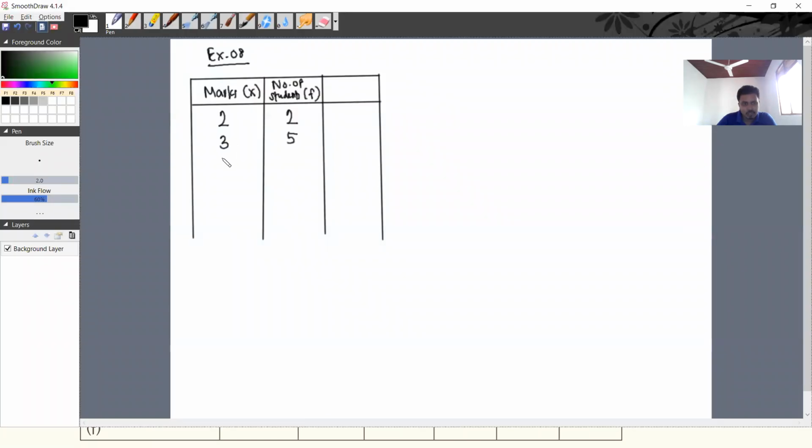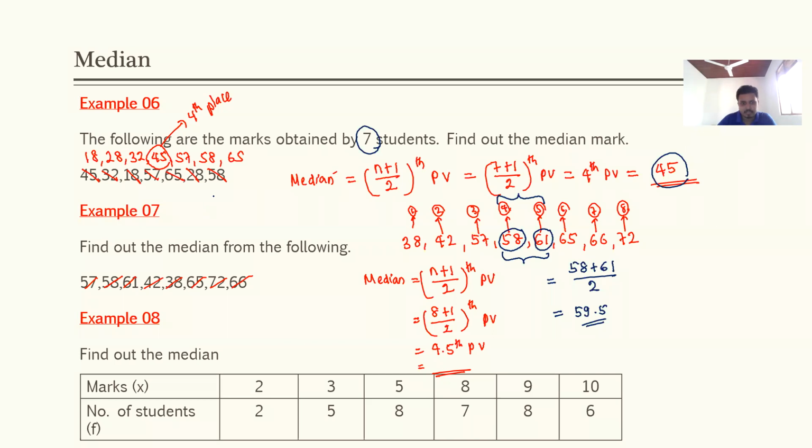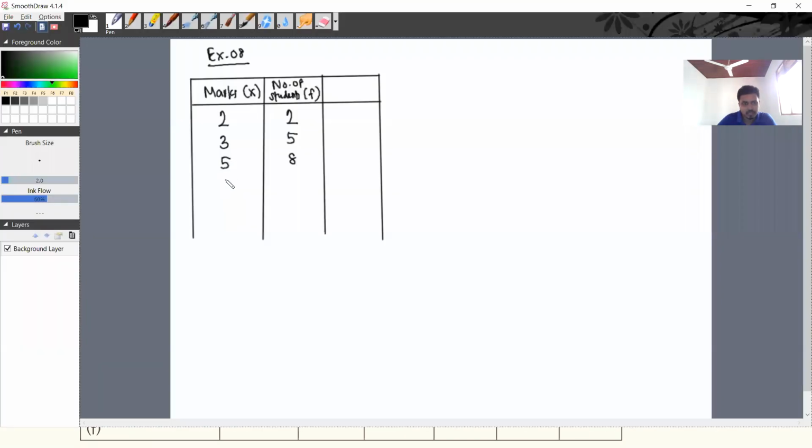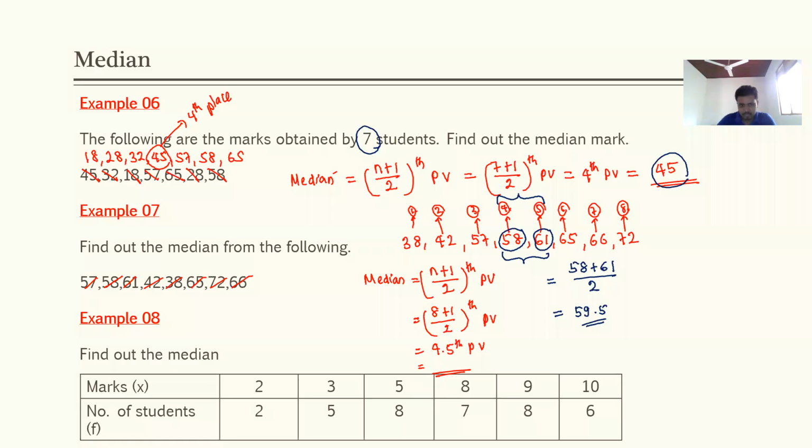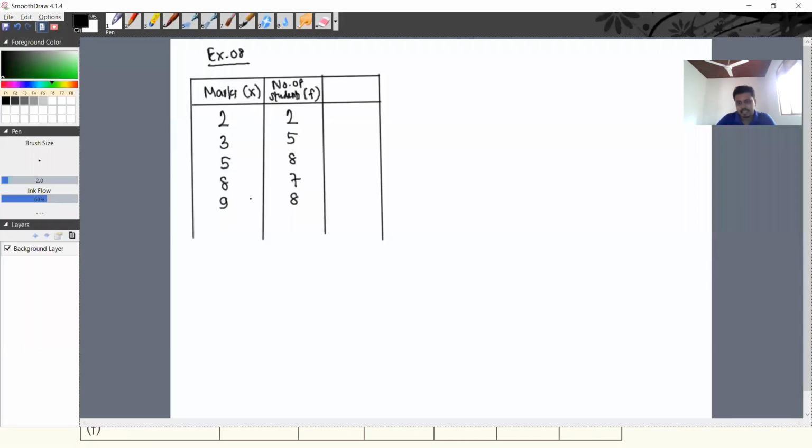There are 8 students who has obtained 5 marks, and there are 7 students who has obtained 8 marks. 8 students who has obtained 9 marks. And there are 6 students who has obtained 10 marks. So this is the distribution that they have given.